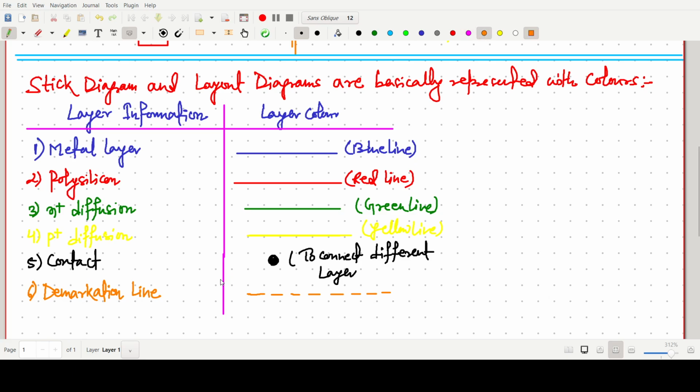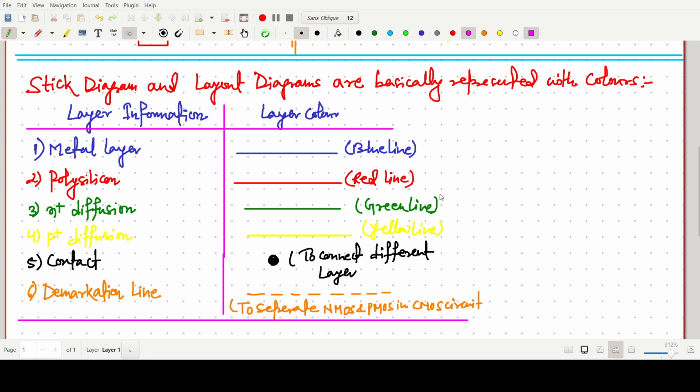I'm writing here: to separate NMOS and PMOS in a CMOS circuit. So these are the six different colors representing several pieces of information.